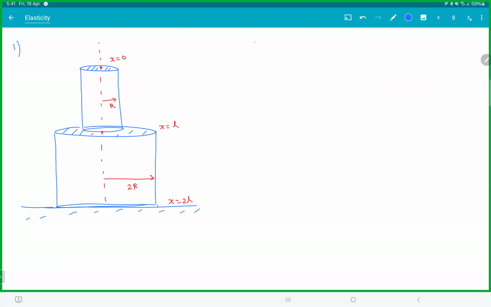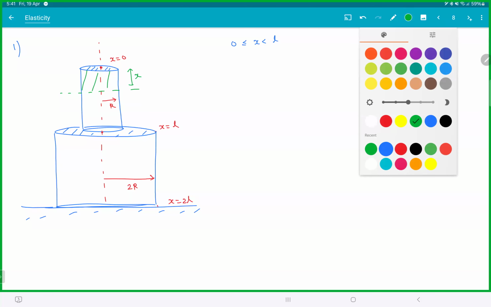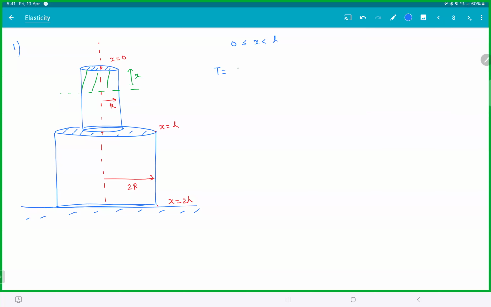First, let's say x between L to 0 means somewhere in the middle here. So if I take till here, then you'll take only this weight. Then tension T will be rho into weight of that piece, pi r square x into g.